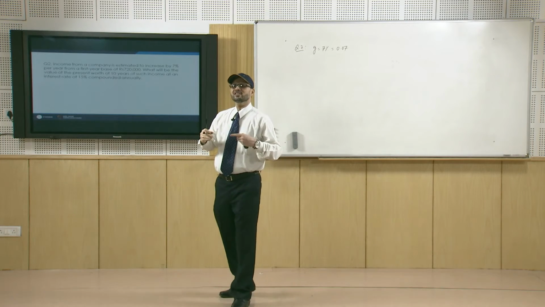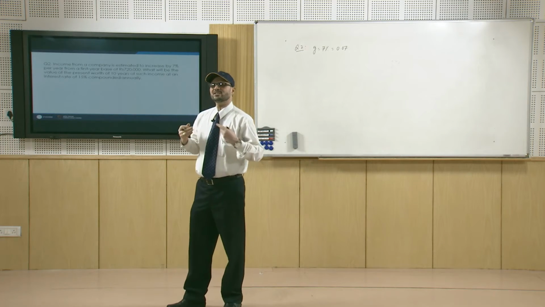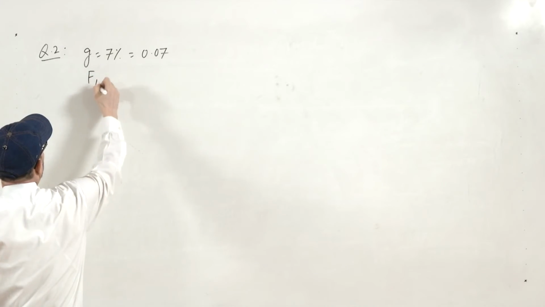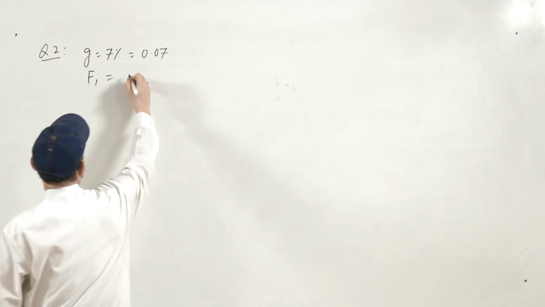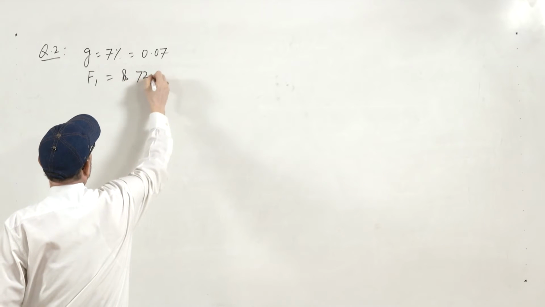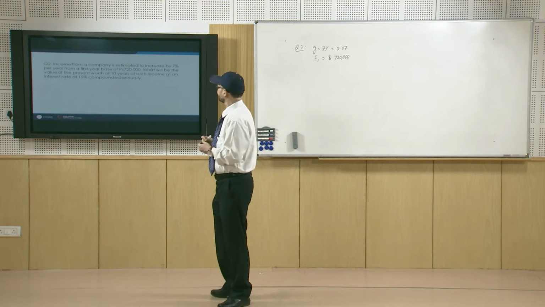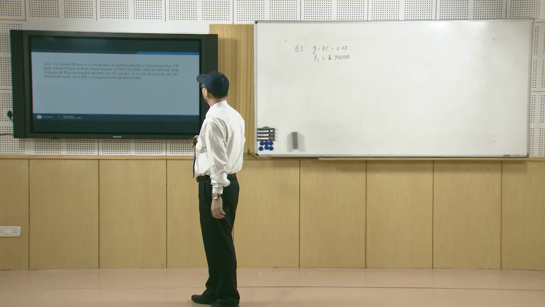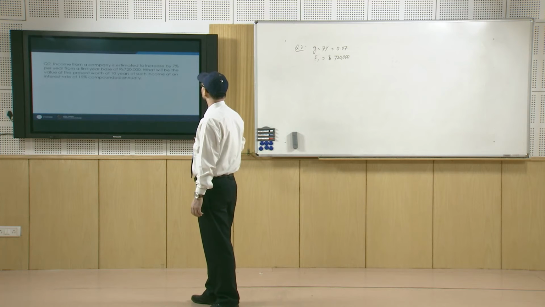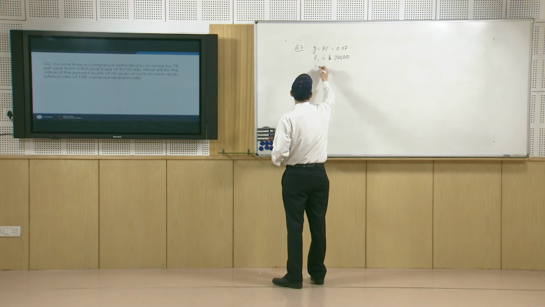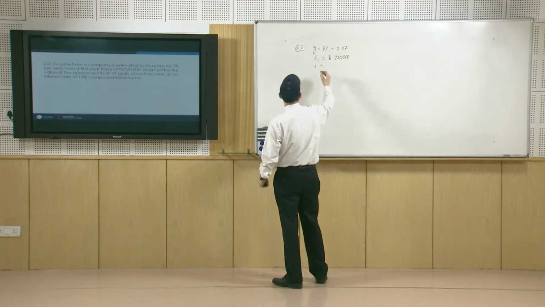This is the percentage increase with respect to the first deposit. F1, that is the first deposit or first income, is given as rupees 720,000. Then what will be the value of the present worth of 10 years of such income at an interest rate of 15% compounded annually? So, what you have been given is an annual interest rate of 15%.